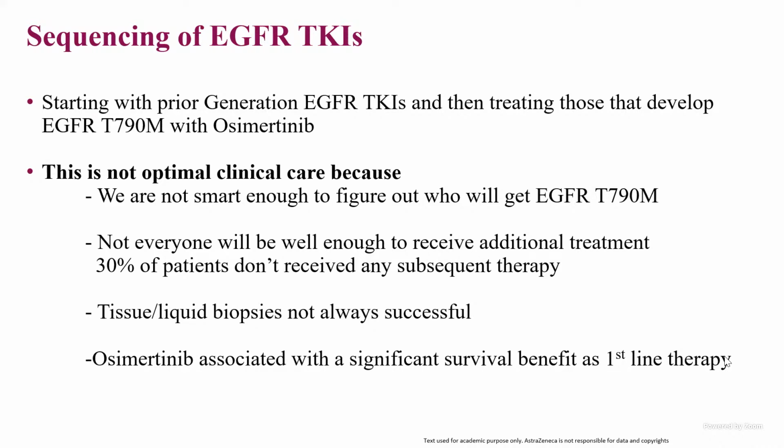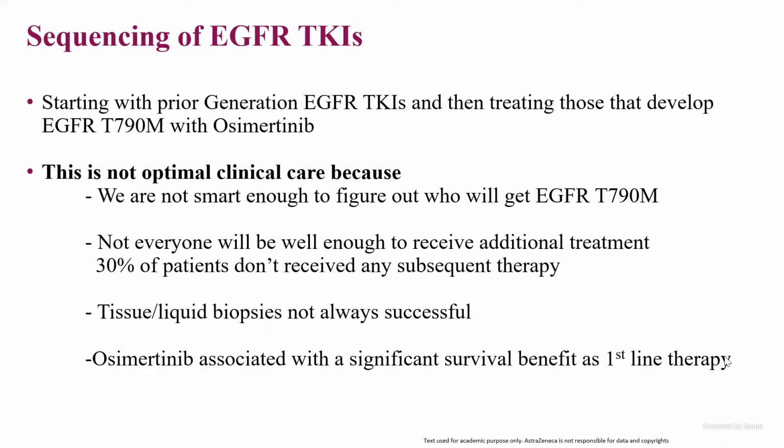Not everyone will be well enough to receive additional treatment. 30% of the patients don't receive any subsequent therapy because of their ill health, progressive disease or poor performance status. Tissue or liquid biopsy is not always successful, so sometimes we are not able to find out the exact T790M mutation status. Hence, the patient is denied, since we don't know the second line EGFR mutation status. Hence, we cannot blindly start osimertinib.